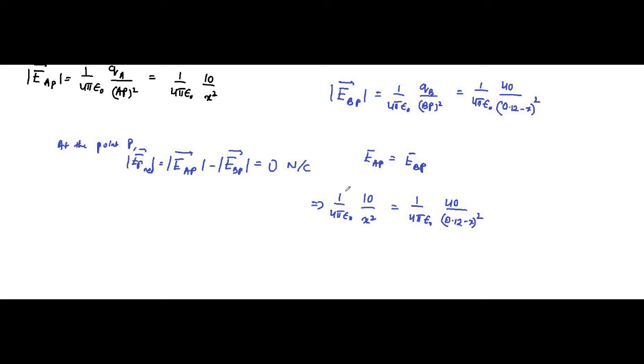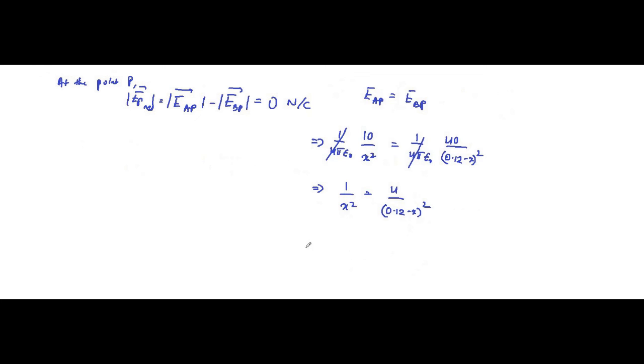Okay, 1 by 4 pi epsilon 0 cancels on both sides. Then 1 by x square is equal to 4 by 0.12 minus x whole square.